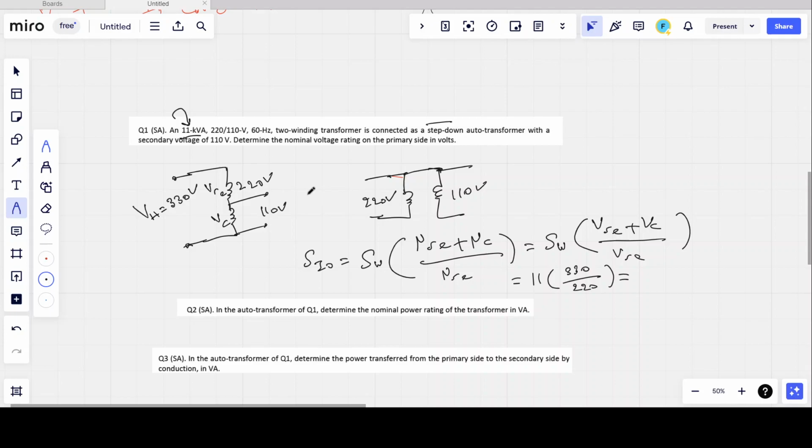So my solution here is 16.5 kVA. In other words, it's 16,500 volt ampere. So this is the solution for question number 2. S input output is 16.5 kVA, or 16,500 volt ampere.